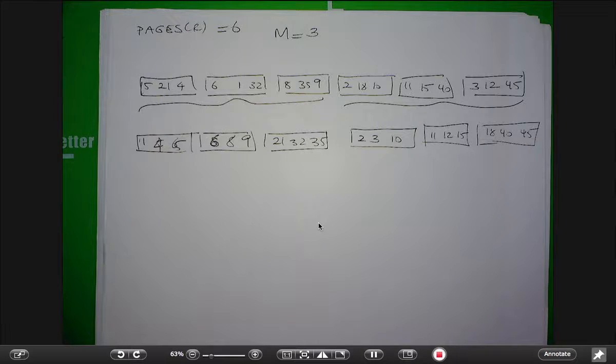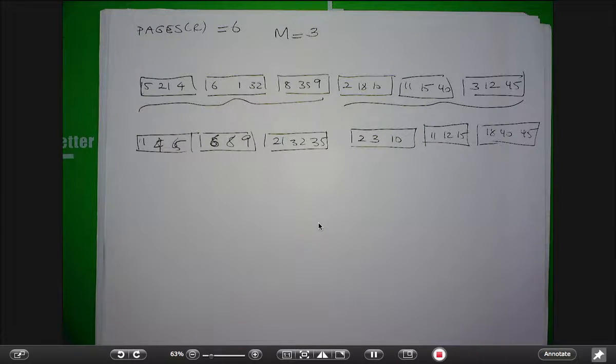So basically, this is what I did. I read 6 disk pages, and then I wrote 6 disk pages, right? So my total cost so far is reading all of these pages and writing all of these pages. Not overwriting, but writing to a separate place.